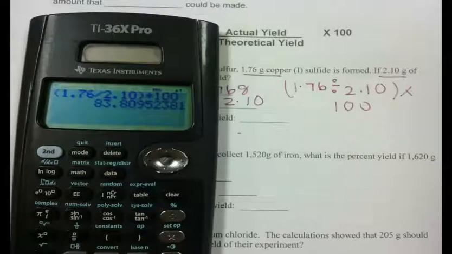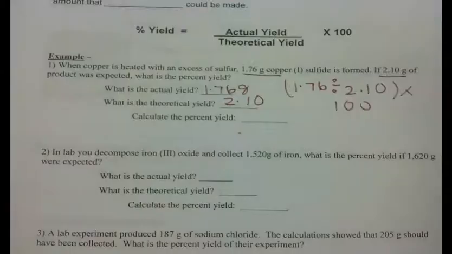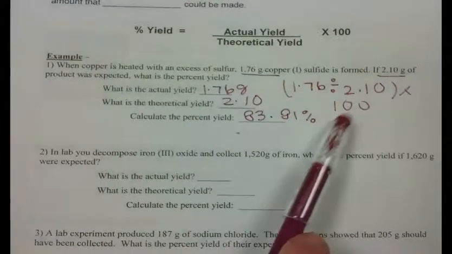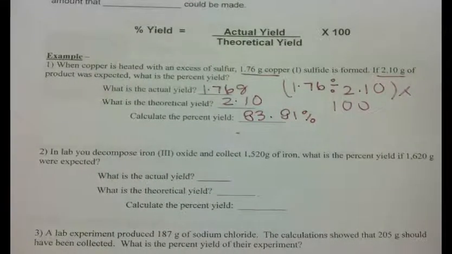So my percent yield is 83.81. I'm going to round it up, percent. 83.81%. Don't forget to do this step at the end of multiplying by 100 because that's what changes this from a decimal to a percent.